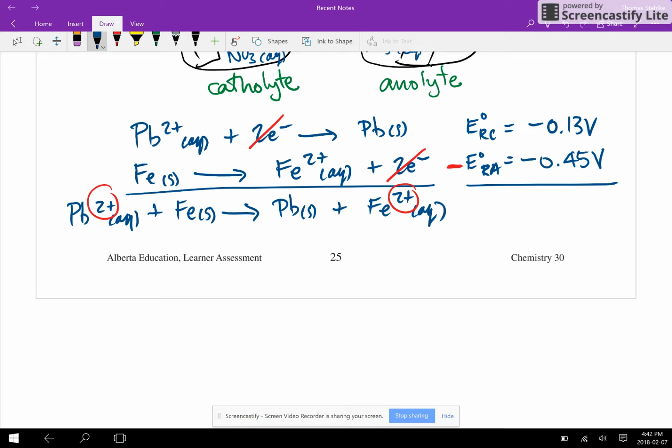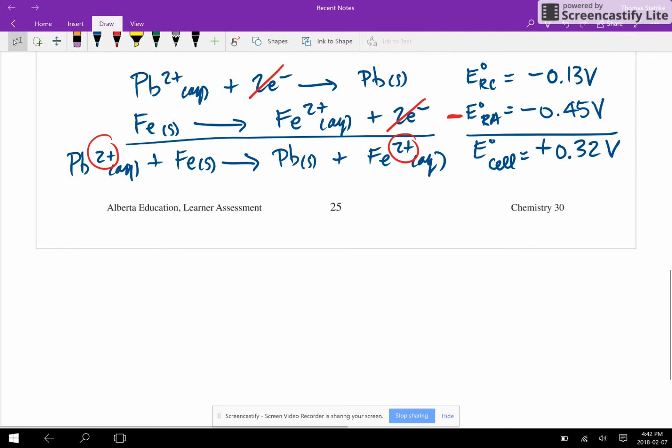And when I do that difference, I get a cell potential of positive 0.32 volts. Now, the fact that it's positive means that it's a spontaneous reaction, which all voltaic cells are, and it's a very small potential, but that's our cell potential.